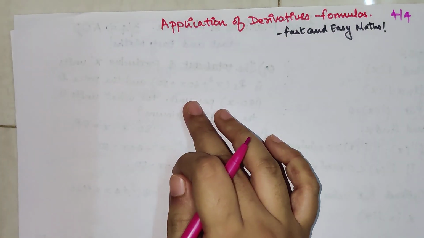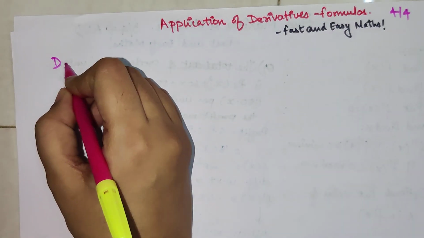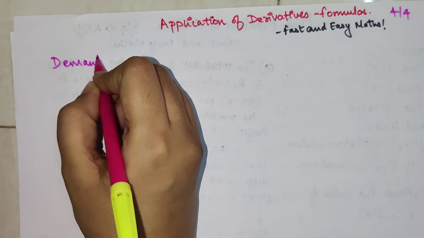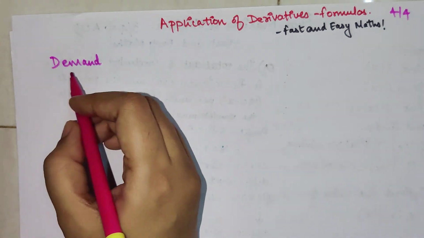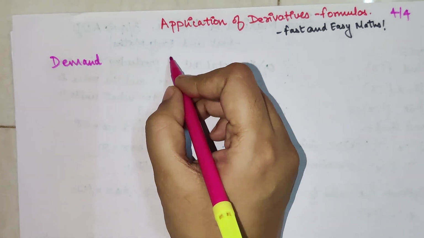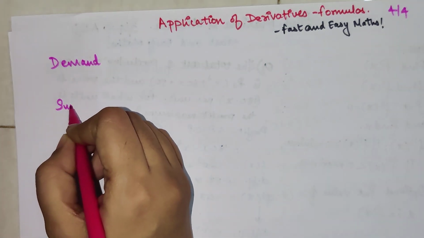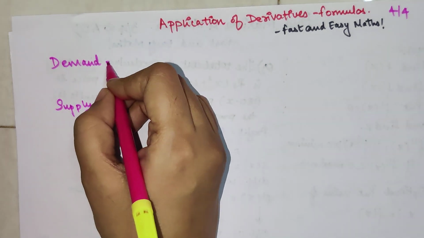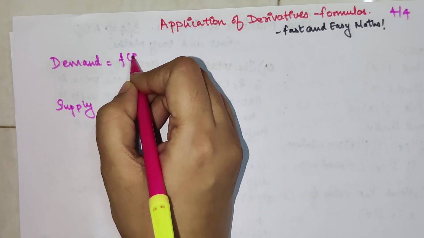The first formula which we need to know is we need to understand that demand and supply, both of these are functions of price.